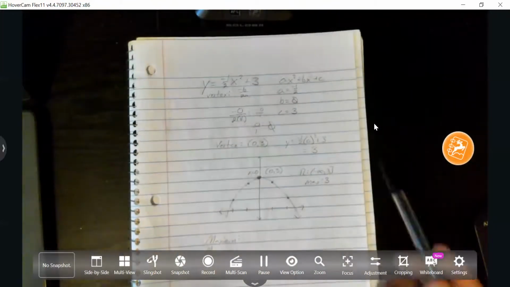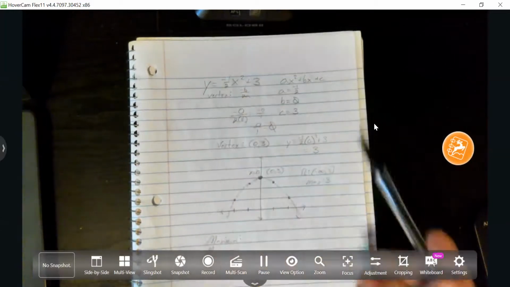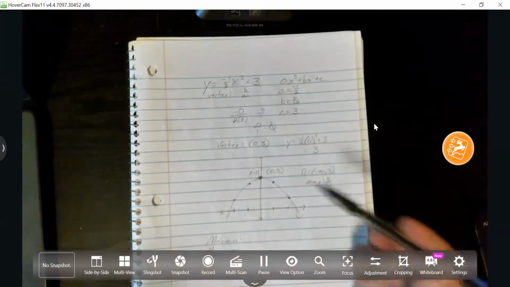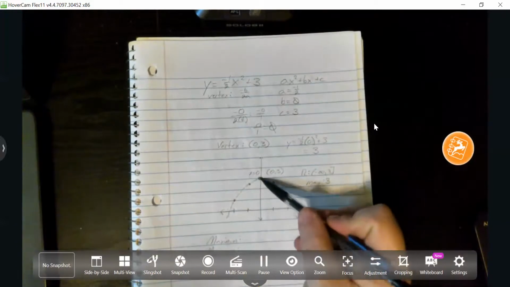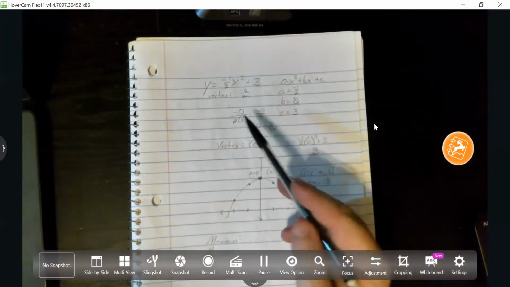If I go back even earlier to one of our previous examples and talk about it verbally again, let's say going back to this guy. This one, we had our -1/2 x squared plus 3. If I wanted to describe in words what happened to this, it was shifted up 3 units, made upside down, and then it was wider.